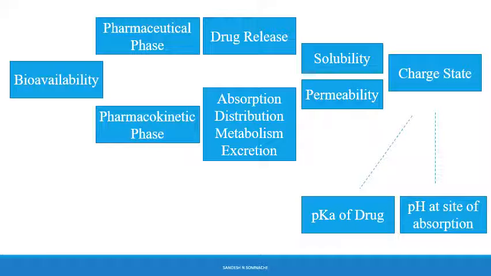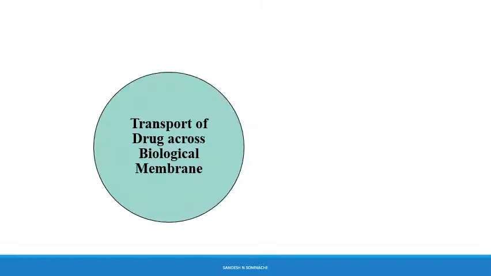Now, the transport of drug molecule across biological membrane. As we know, the biological membrane is lipoidal in layers, and the drug has to pass from the gastrointestinal tract. It has to cross that lipoidal biological membrane to reach the systemic circulation.